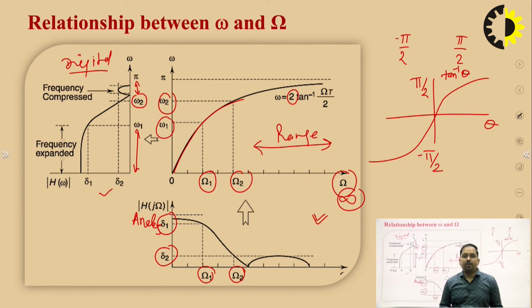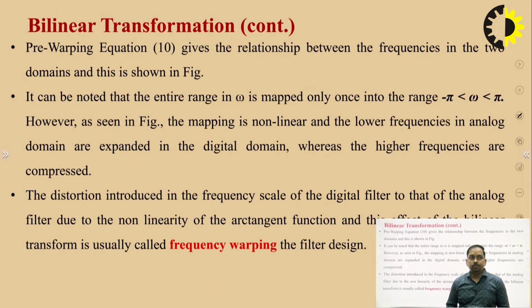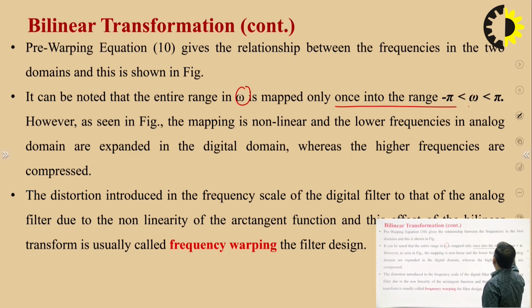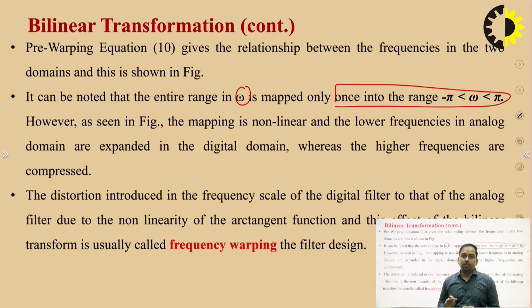This effect, the compression of the frequencies in the digital domain, is referred to as frequency warping. Equation number 10 gives the relationship between the frequencies in the two domains. It can be noted that the entire range of omega is mapped only once in the range minus pi to pi. This is the advantage, since in the impulse invariance transformation the drawback was that the mapping was many to one.